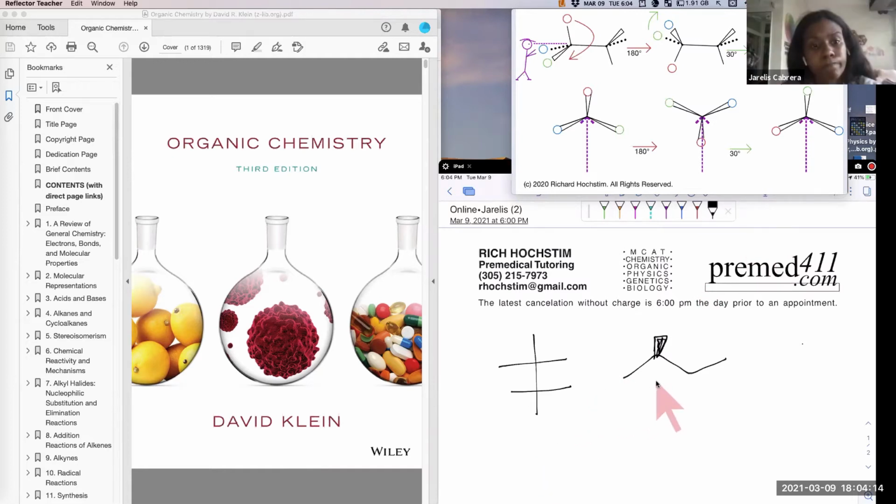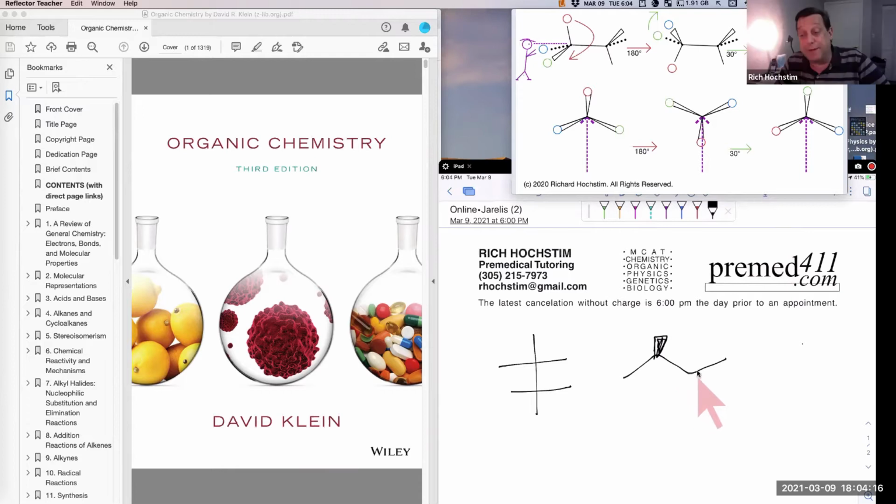Okay, let's start with this here because this is easier. What we'll do is we'll put a chlorine here, and we'll go ahead and determine what the priorities are. Do you agree that the low priority group is going back? Yes.